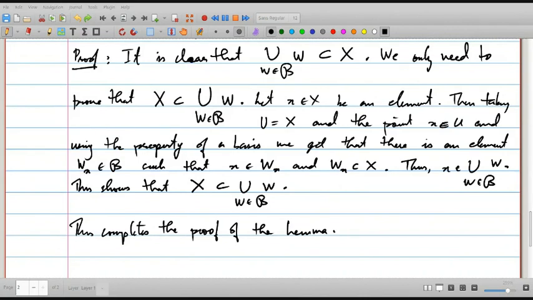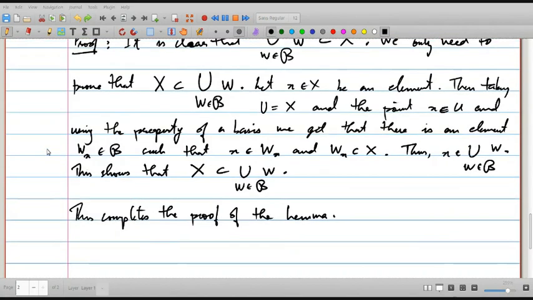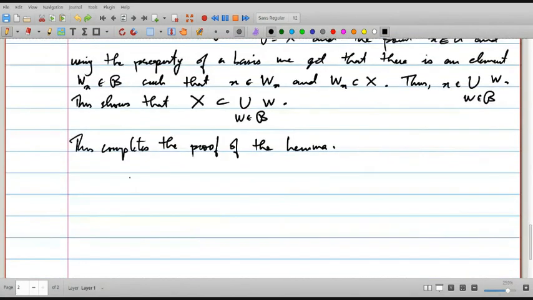So now we have the following proposition. And the two conditions in the proposition are motivated by properties of basis, which we saw above.